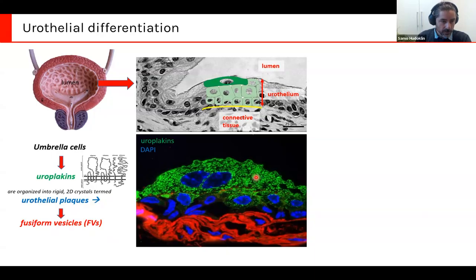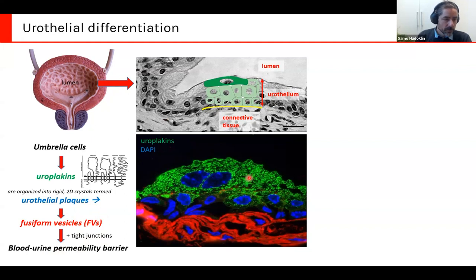So those are those green dots that you can see here. And urothelial plaques and tight junctions, those two structures are the crucial structures that present the blood-urine permeability barrier of those umbrella cells and thus of the urinary bladder.